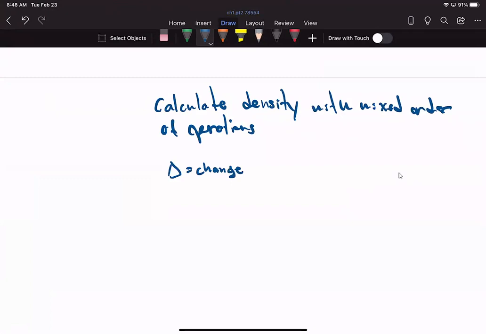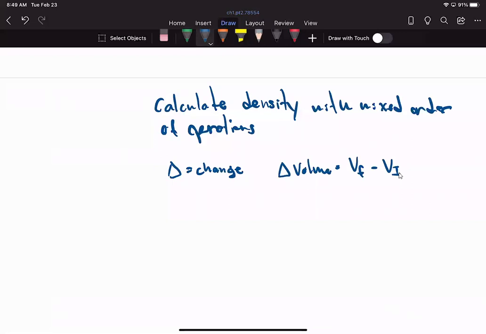It can represent heat, but sometimes we just use it as meaning change. So to get the change in volume, it is always going to be final volume minus initial volume.